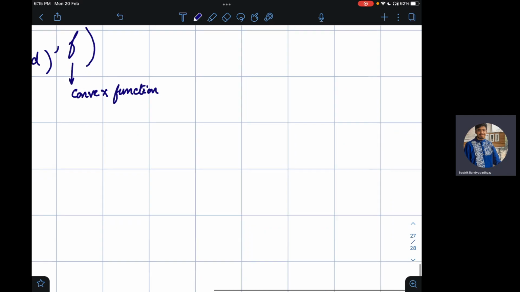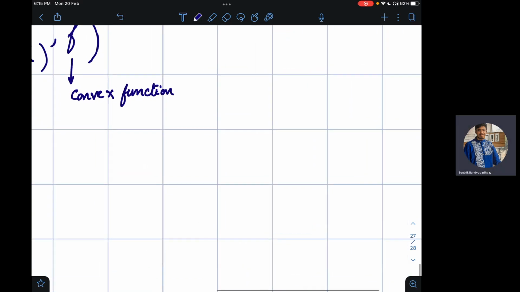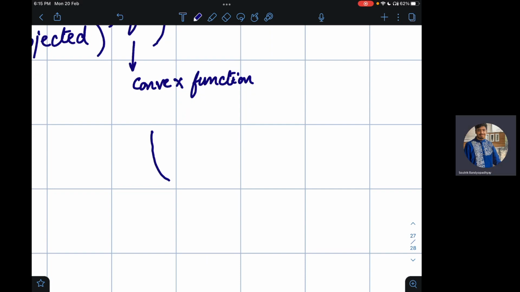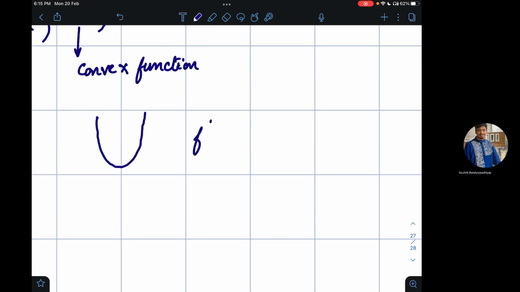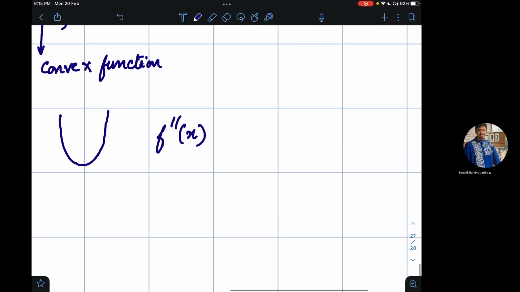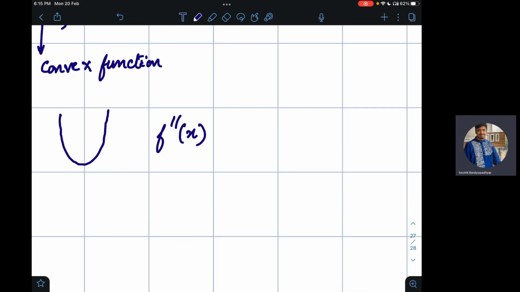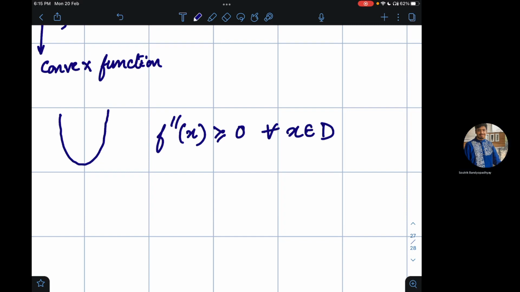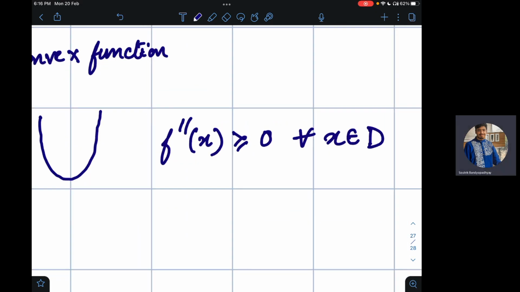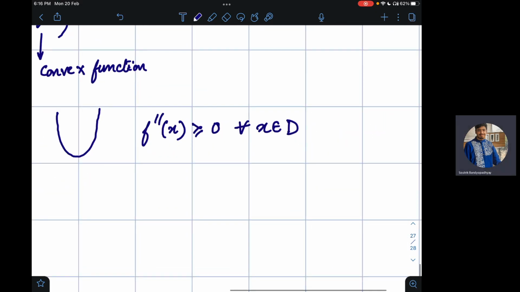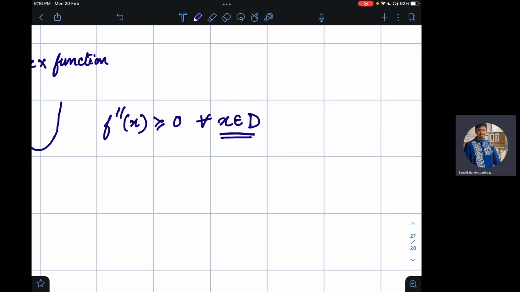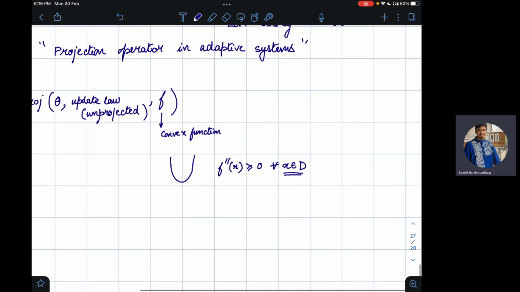Now by convexity, we mean a function whose second derivative is always positive. So when the second derivative of a function is always positive in its entire domain, then the function is called a convex function, right?